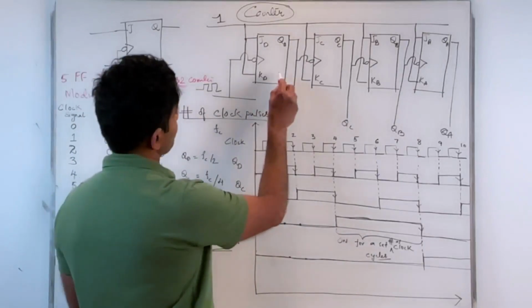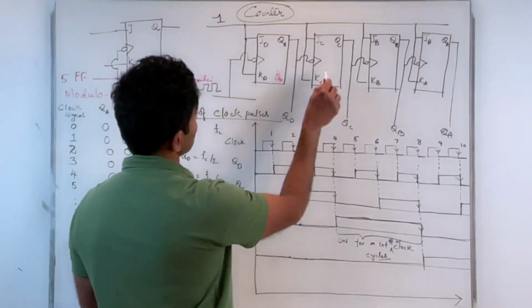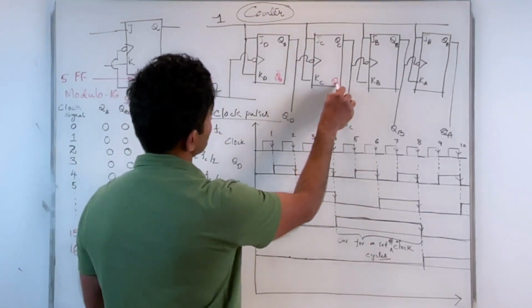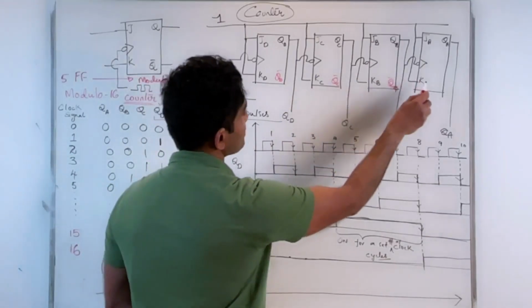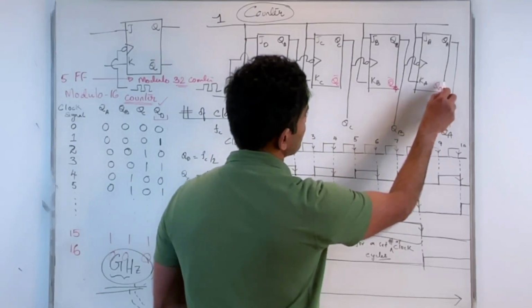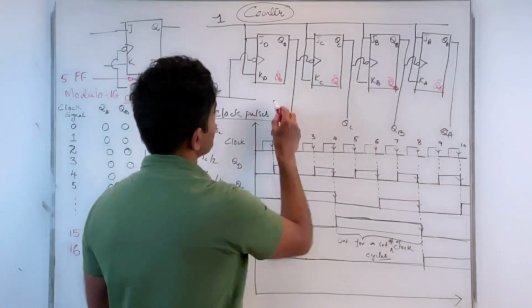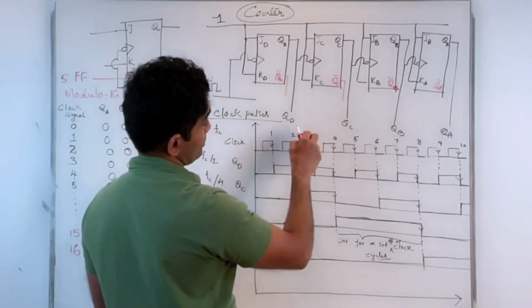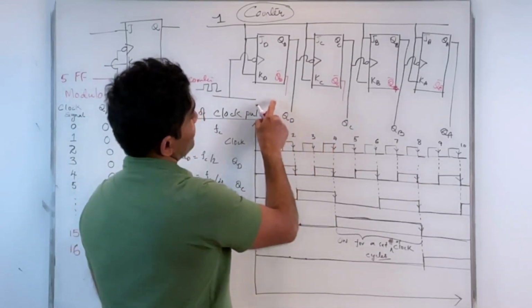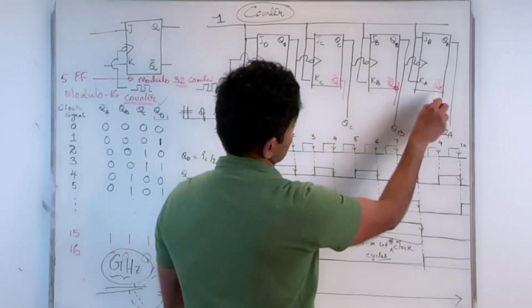Well, remember that you also have Q prime. For every flip-flop, you also have these primed quantities. And I can also monitor my Q instead of Qs. I can also monitor Q primes, right?